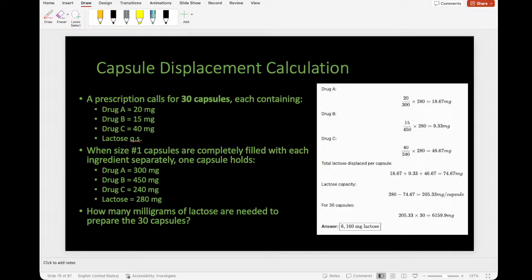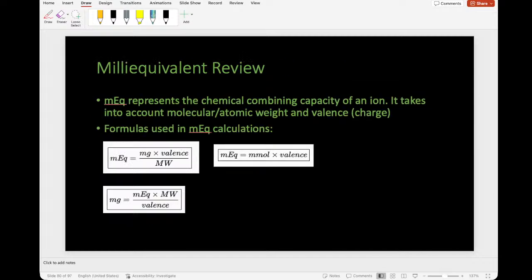You would just subtract the total amount calculated from each of those small quantities used to fill each capsule, and then multiply it by 30 so you get the total amount of lactose needed.